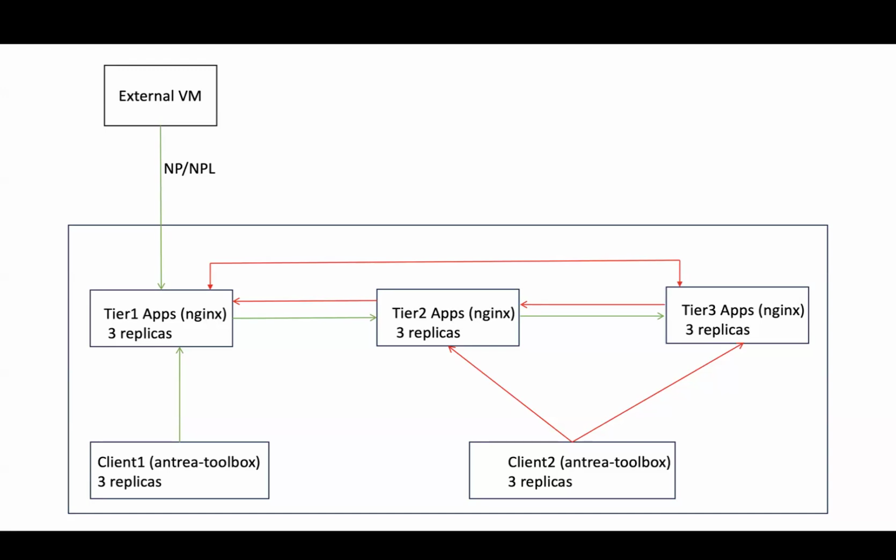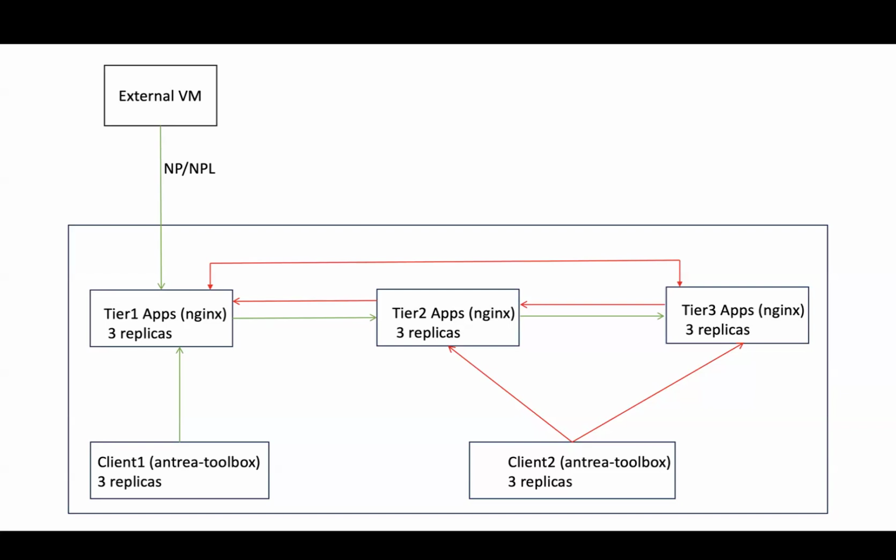On tier 1 apps, we had a cluster network policy to egress only to tier 2 apps, and there were no rules for ingress because tier 1 apps were exposed by a NodePort service. In one namespace, it is exposed by NodePort service; in the other namespace, it is exposed by NodePortLocal. The rest remains the same in both namespaces.